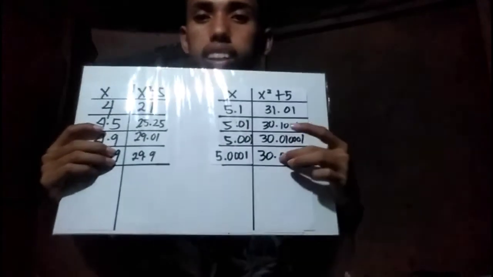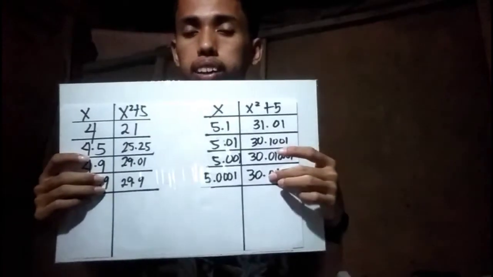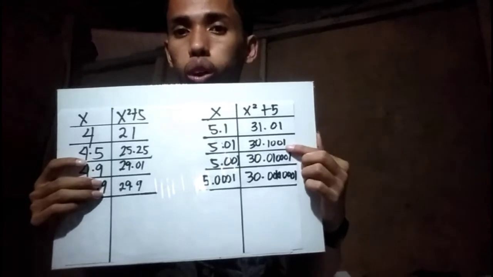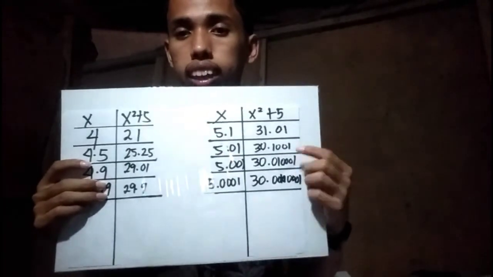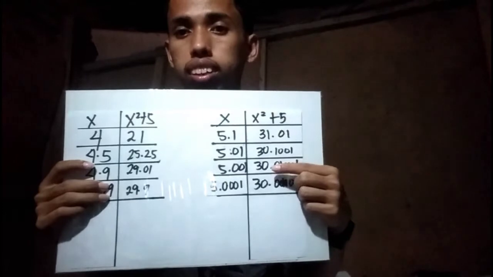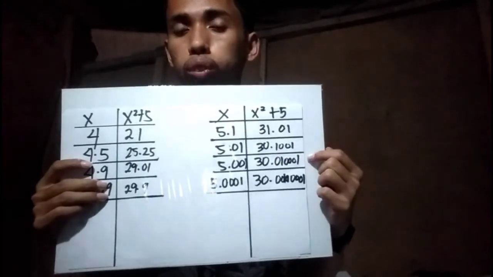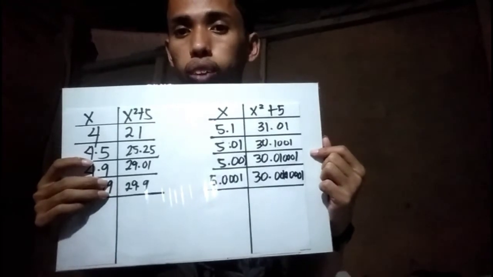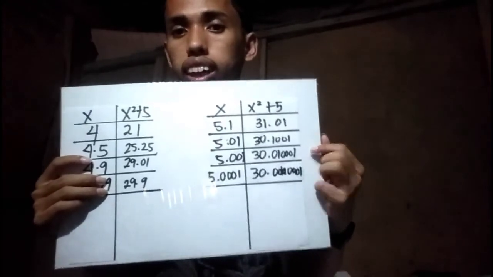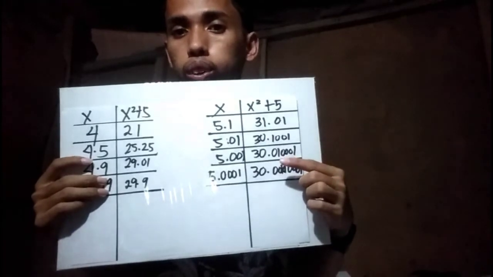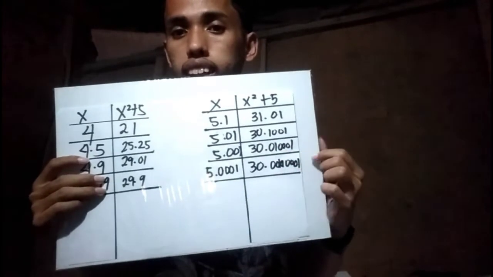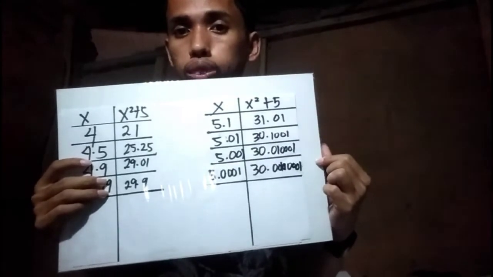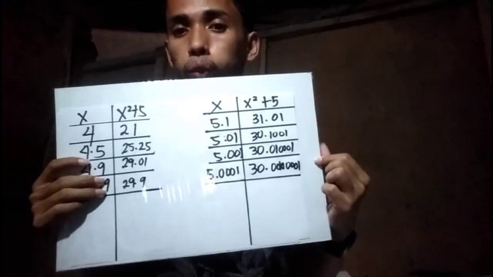And on this side, as x is 5.1, we get the value of 31.01. When the value of x is 5.01, we get a value of 30.1001. Then, when the value of x is 5.001, it would be 30.010001.